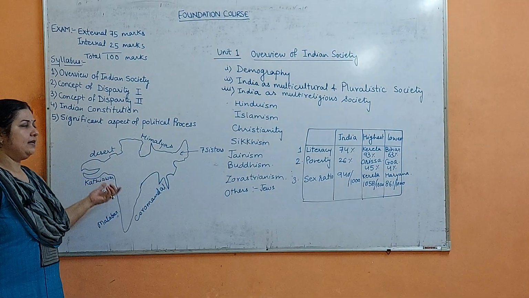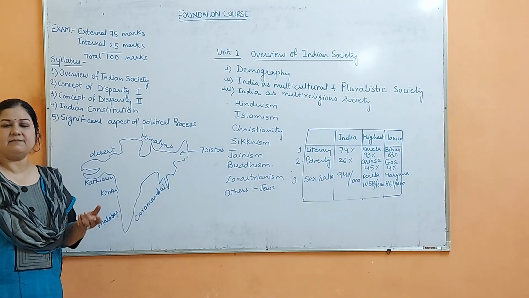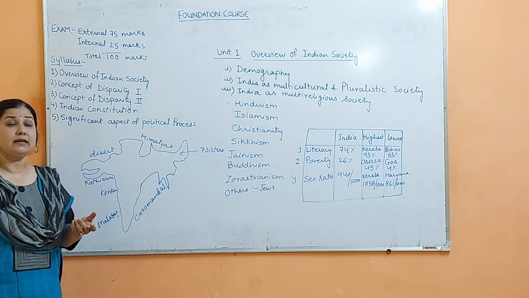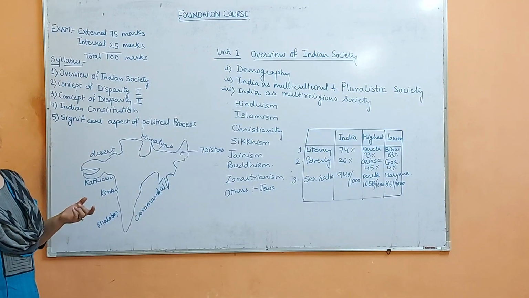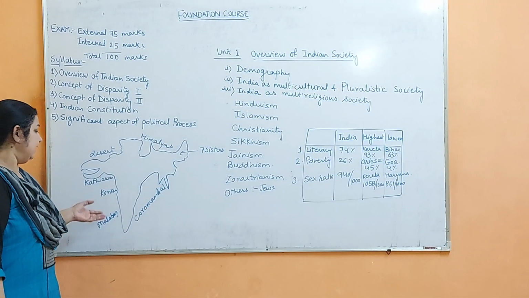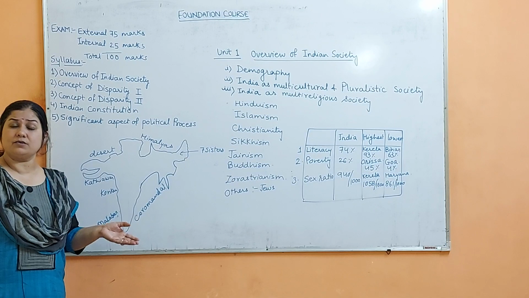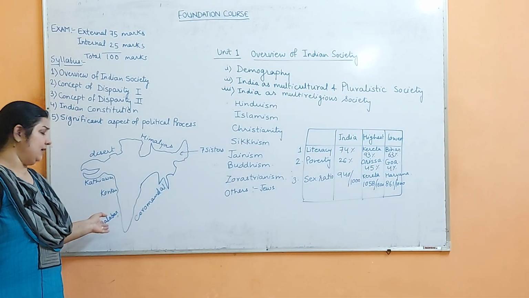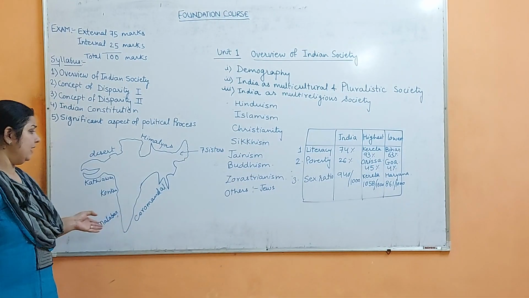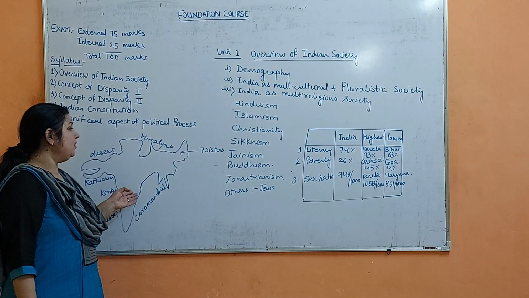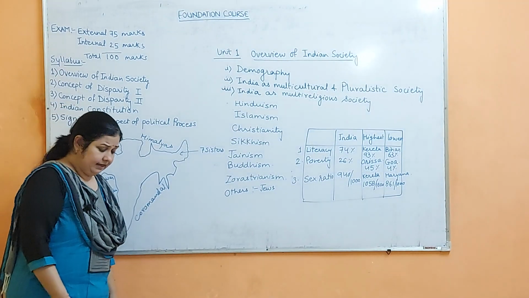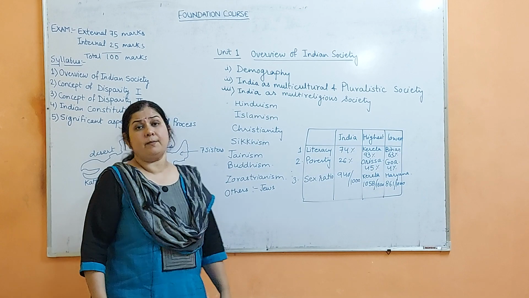Gujarat coast is called as Kathiawar coast, whereas Maharashtra, Goa and Karnataka coast is called as Konkan coast, and the last one, that is Kerala coast on the west side, it is called as Malabar coast. Whereas the coastline on the east side is called as Coromandel coast.